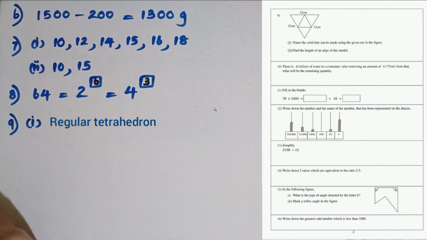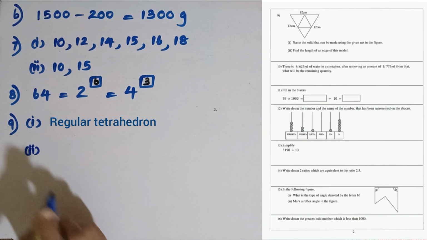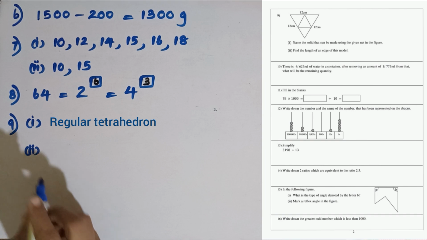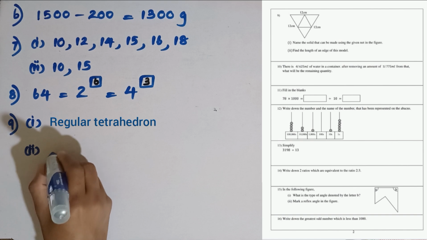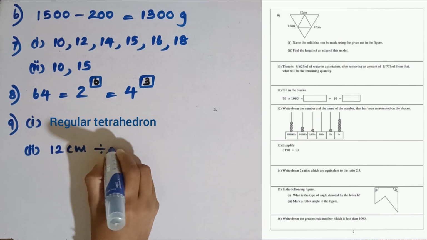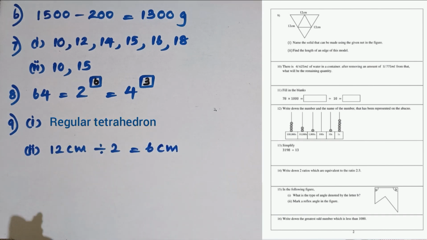Then part 2, find the length of an edge of this model. We can find the length of one edge by dividing 12 centimeters by 2. 6 centimeters. That is the length of the edge of this model.